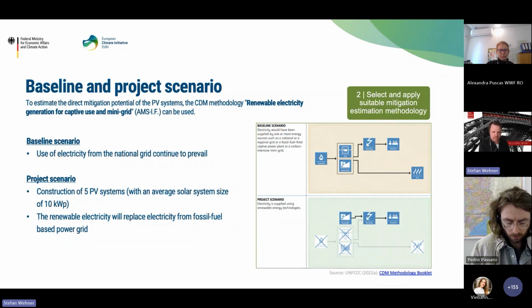In the project scenario, we construct 5 PV systems with an average of 10 kilowatt peak, and they generate electricity which is then used directly by the hotels. So we replace the electricity used from the grid, and hence have an emission reduction effect.